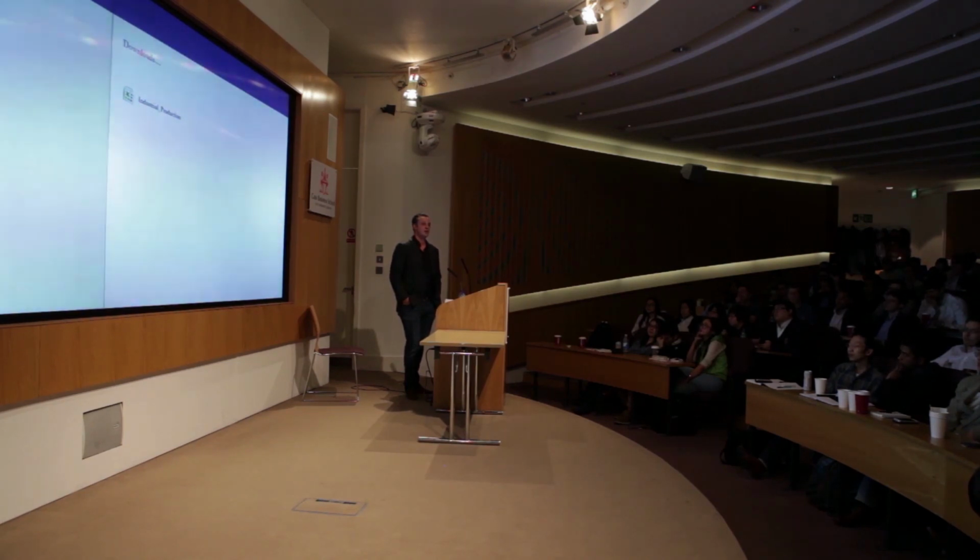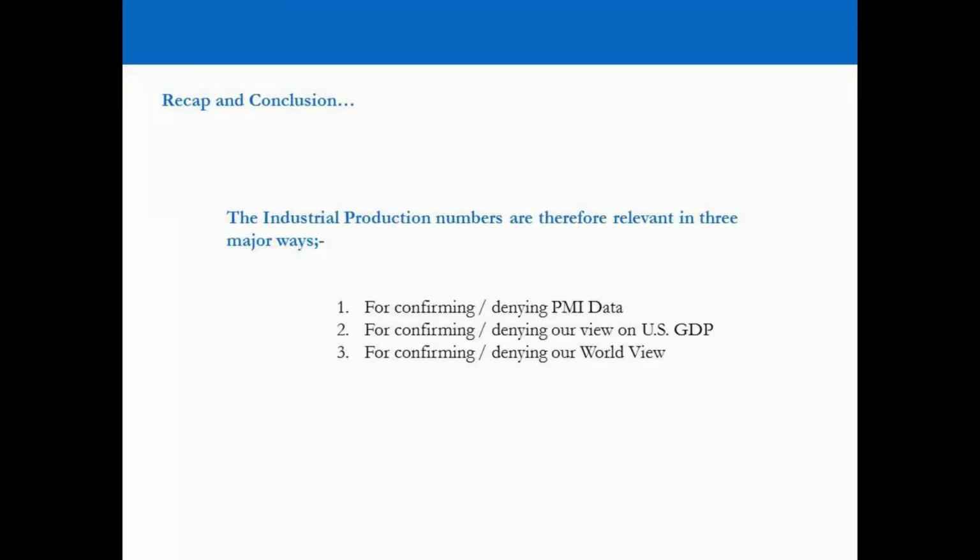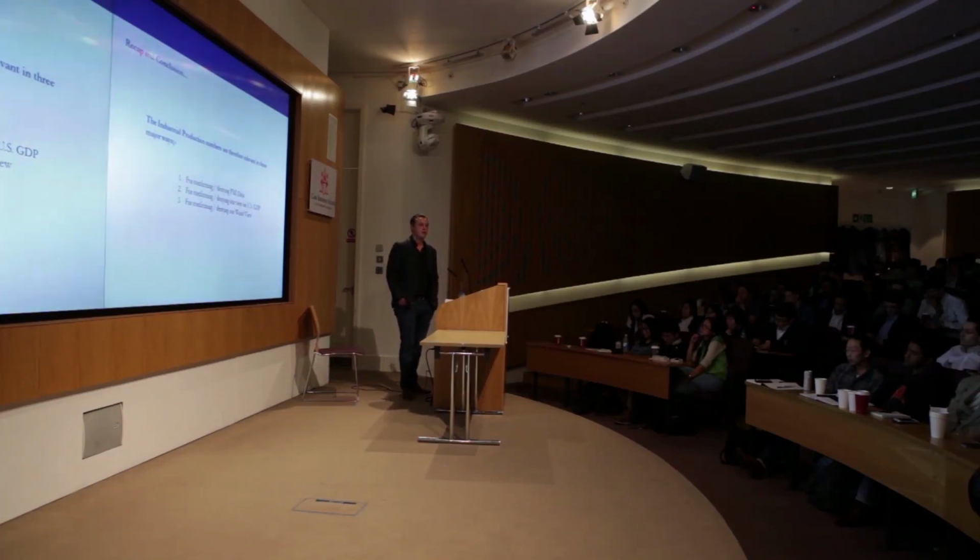It's all publicly available. It's how you treat the information that's as important. So it confirms or denies. Confirming or denying PMI data, confirming or denying your view on US GDP, and your worldview.